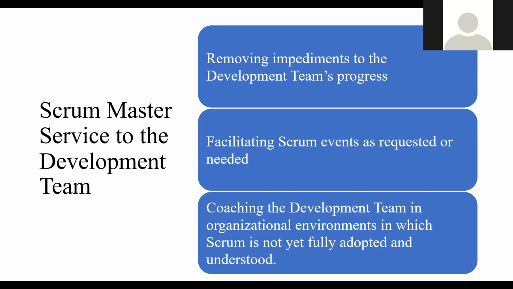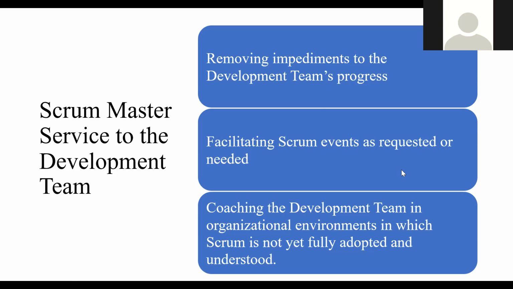They communicate with the Scrum Master so that he can liaise with the product owner and other business stakeholders, and that way he protects the team from interference. It shields them from unnecessary interference. The Scrum Master facilitates Scrum events as requested or as needed. Another service to the dev team is coaching the dev team in organizational environments in which Scrum is not yet fully adopted and understood.